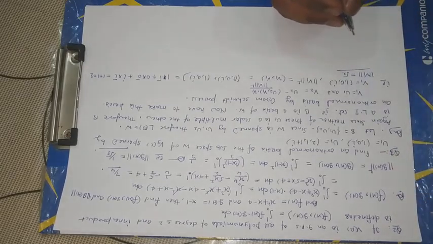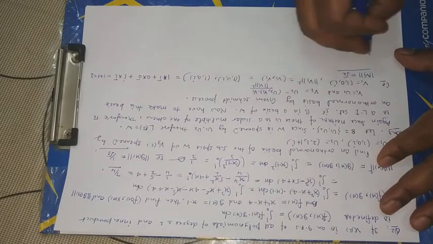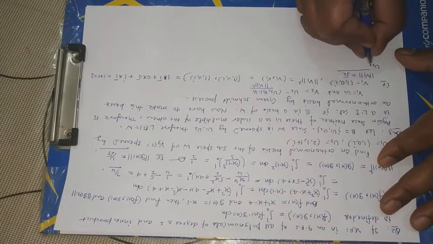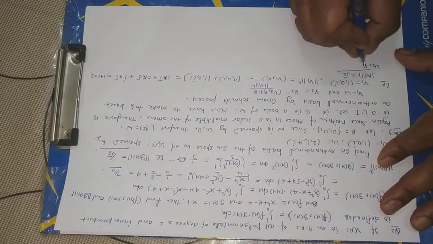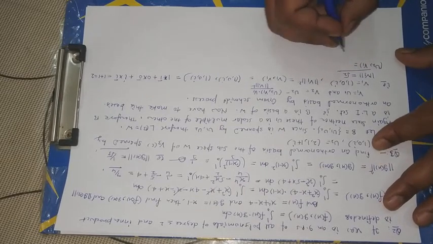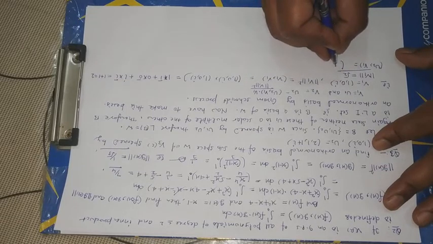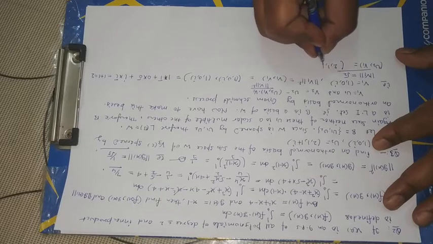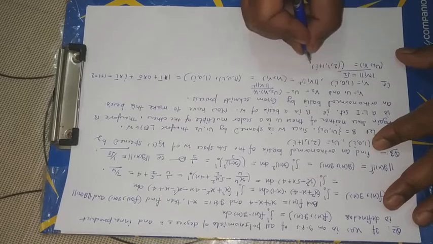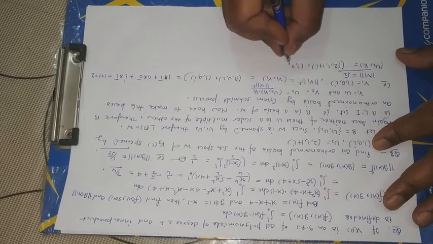Now for V2, we can calculate the inner product of U2 with V1. The value of U2 is (2, 1, 1 plus i) with V1 (1, 0, i).